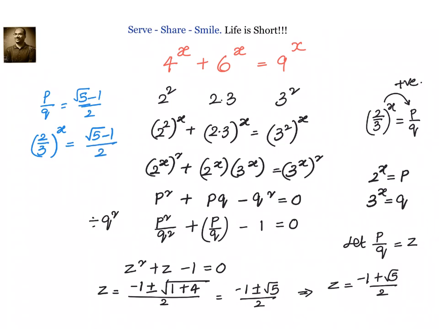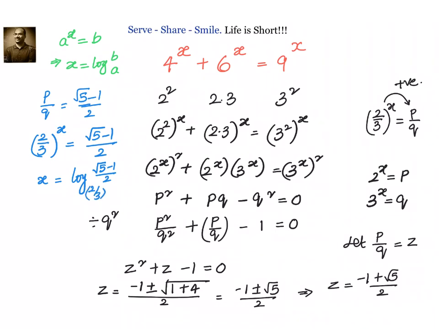Then we have exponential form to logarithmic form conversion: a power x equals b, then x equals logarithm of b to base a. So using that logic, we get x equals log of (root 5 minus 1 divided by 2) with base 2 by 3.